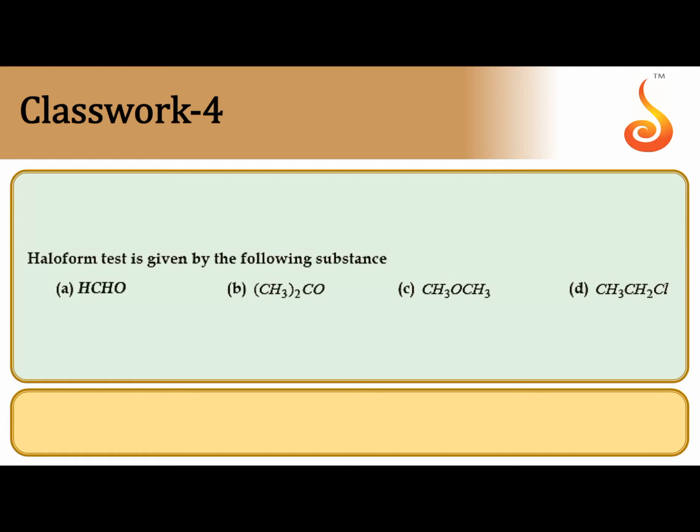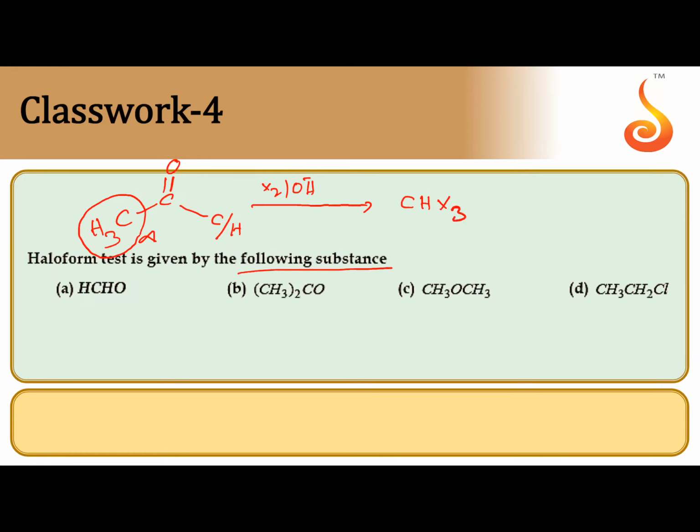Haloform test is given by the following substances. For the haloform test, we know an aldehyde or ketone containing alpha CH3 is responsible for the formation of haloform. The other side may be C, may be H. An aldehyde or ketone containing alpha CH3, on reaction with halogen in the presence of alkali, gives haloform.